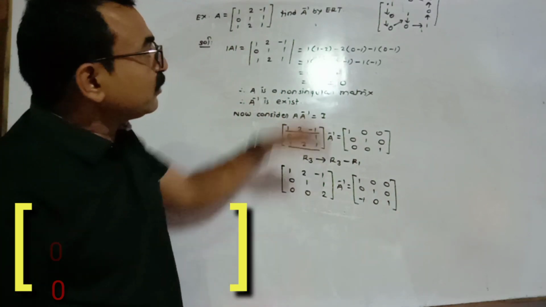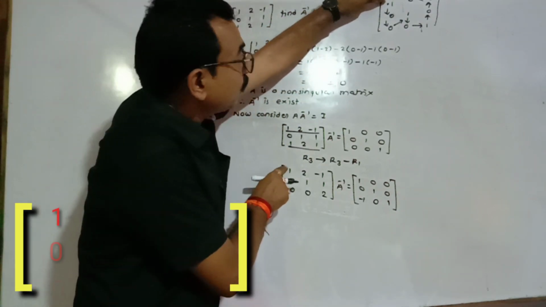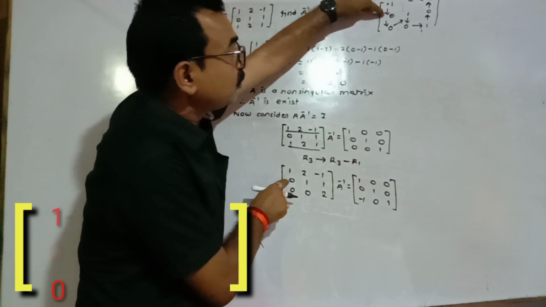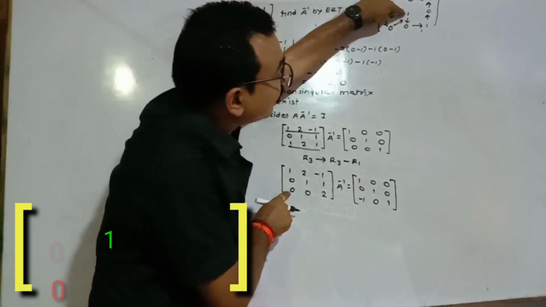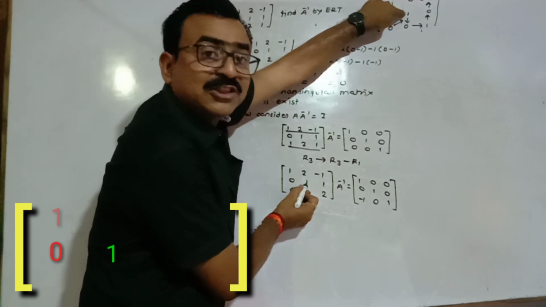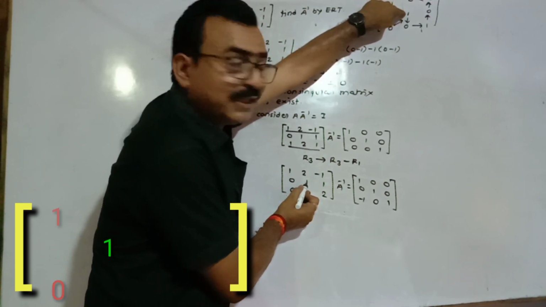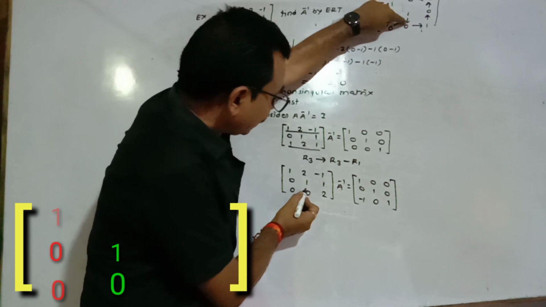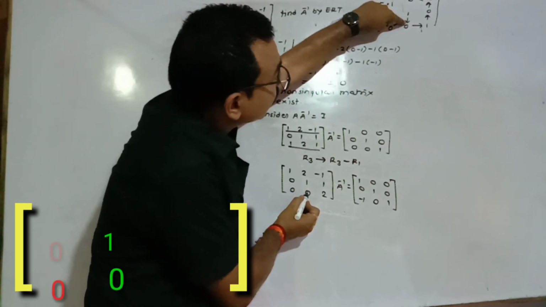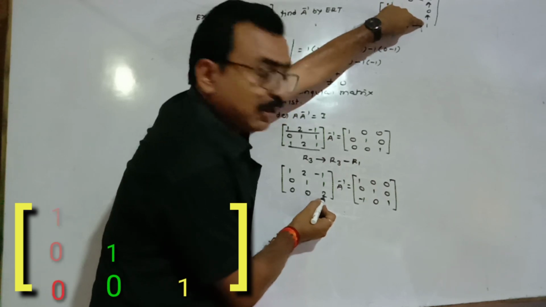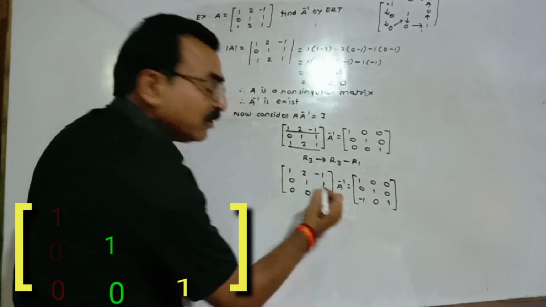Okay, so in this way this element is converted into 1, then this element is converted into 0, then this element is converted into 0. Now you have to convert this element into 1, but in the given matrix this element is already 1, so leave it. Then you have to convert this element into 0, but this element is already 0 here, so leave it. Then you have to convert this element into 1, but this element is 2.